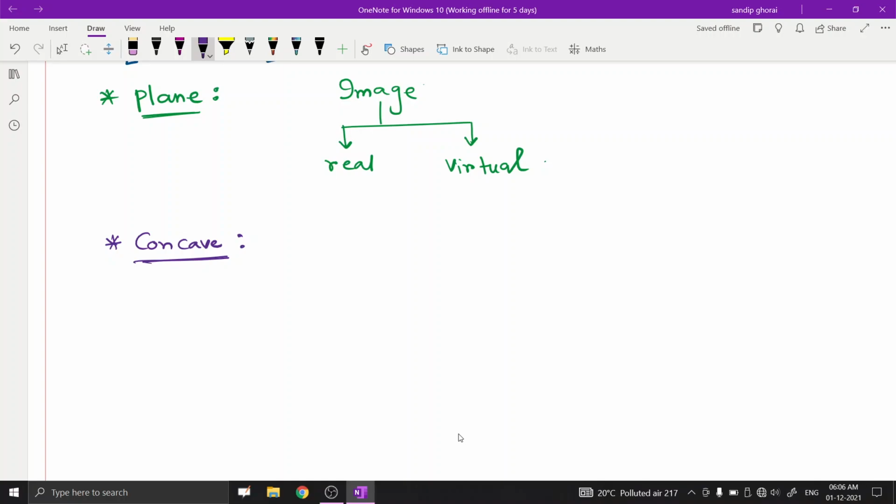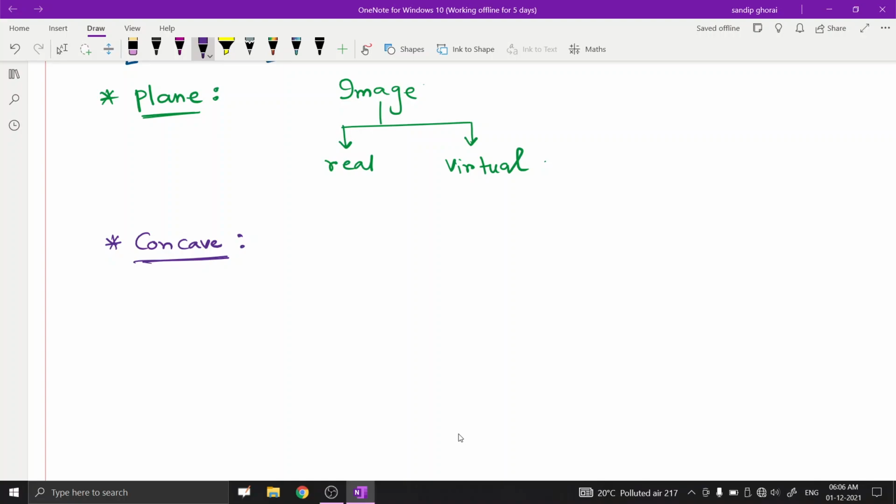When the object is moved to the center of curvature, we also get a real image. Then when the object is placed between the center of curvature and focus, we also get a real image. At the focus point, obviously we get a real image.